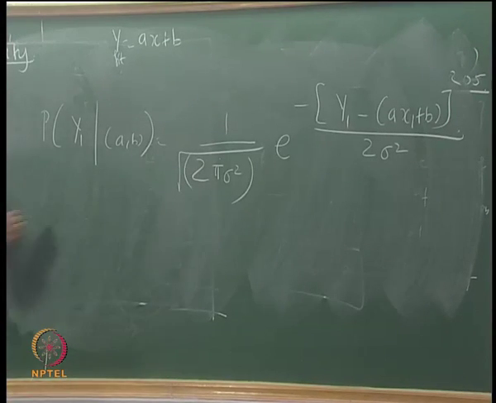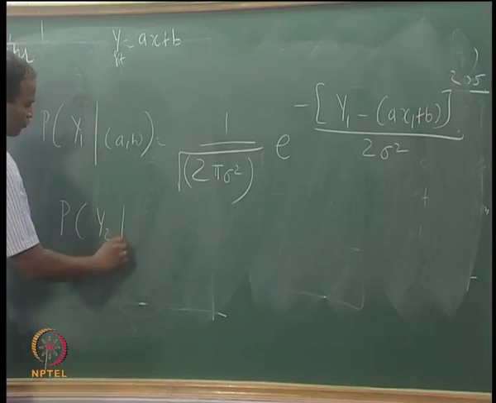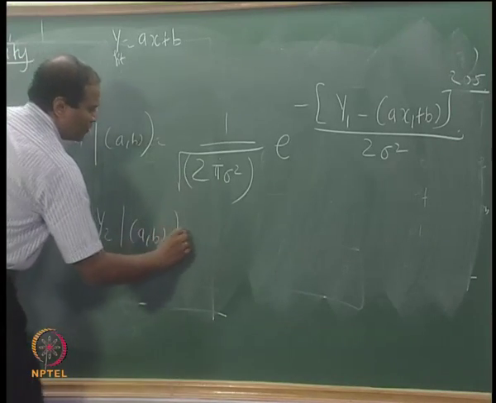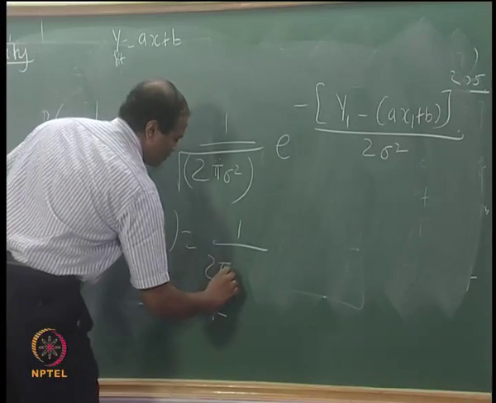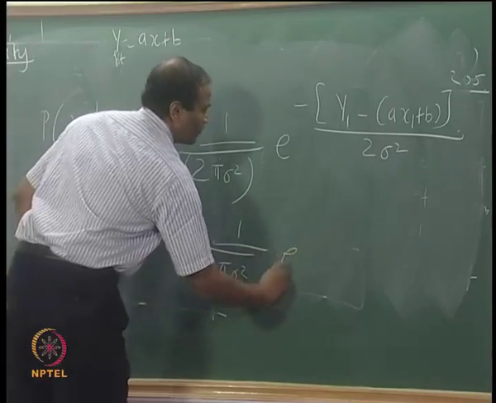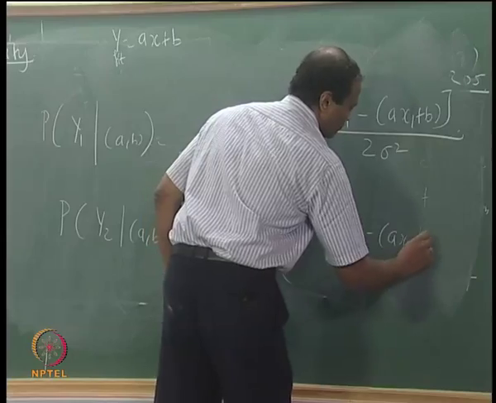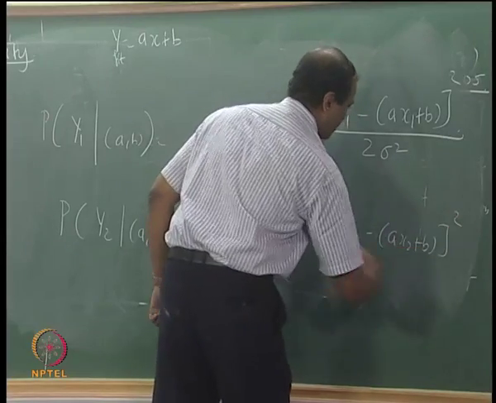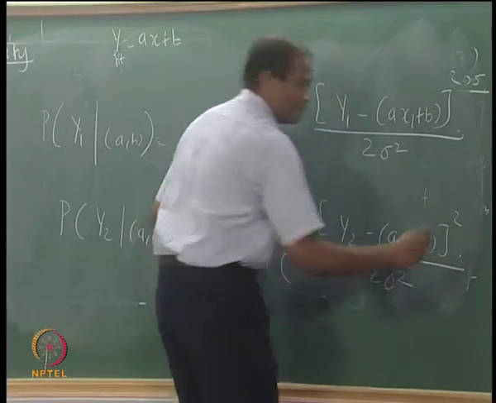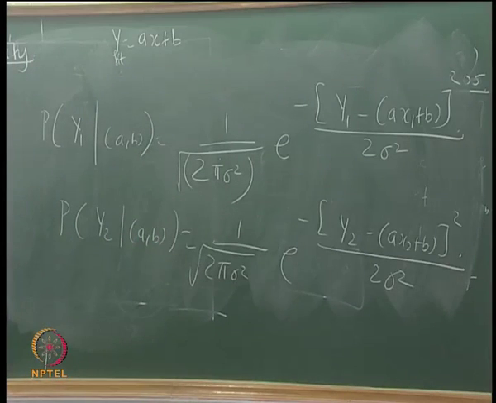Similarly, the probability of getting y2 for the same given A, B is given by this.